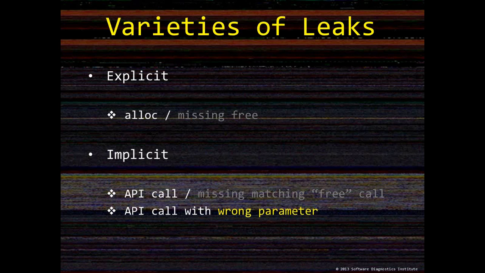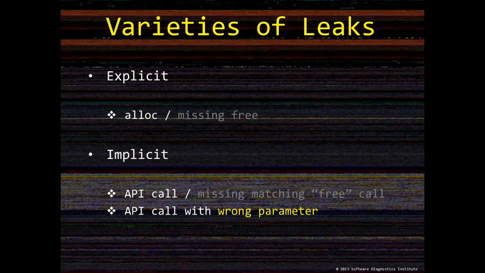So I recently, while preparing some case studies, modeling applications for one of the forthcoming trainings, I found the need to split leaks into two categories. The first one is explicit, when we have allocation requests but forget to deallocate or free memory. And another category is implicit leaks.